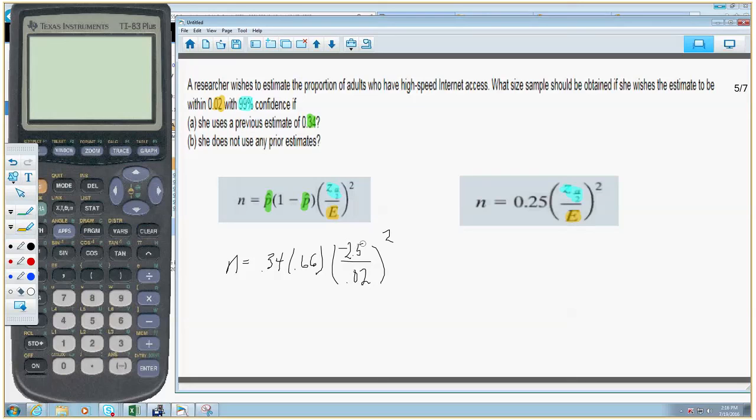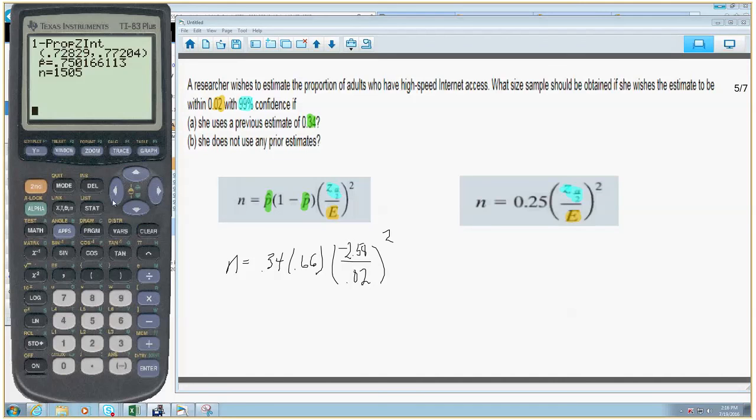Then you take your calculator and do it the way you should, going from the parentheses out. I'm not worried about the negative, because you're going to square it and it becomes positive.